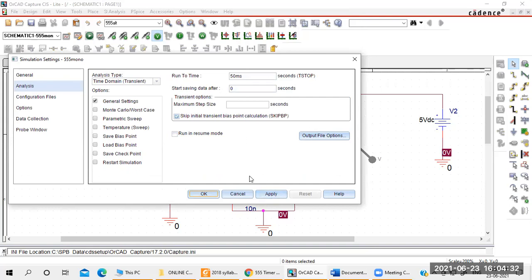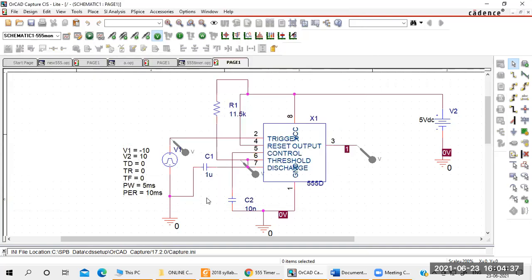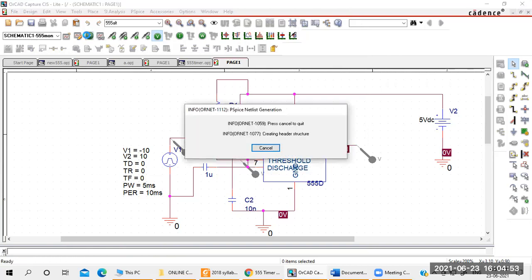After that, apply, then okay. Then run PSpice. Before that, select the voltage marker and keep it across the output of the 555 timer, then the input of the 555 timer, then pin number 6. After that, run PSpice.